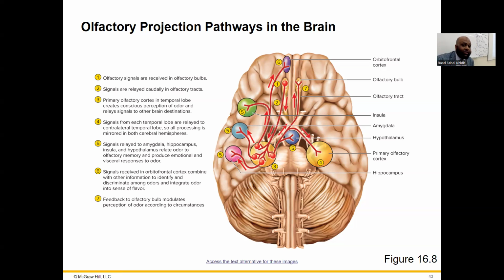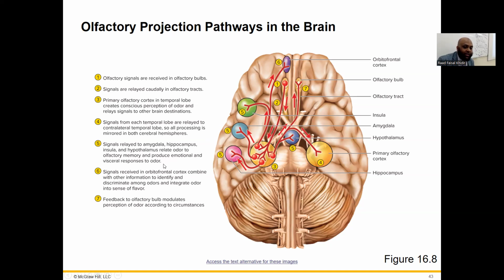Signals relay to the amygdala, which is the center for survival, to detect if this odor reflects a dangerous situation. The hippocampus, the insula, and the hypothalamus relay this odor to olfactory memory, and produce an emotional and visceral response.